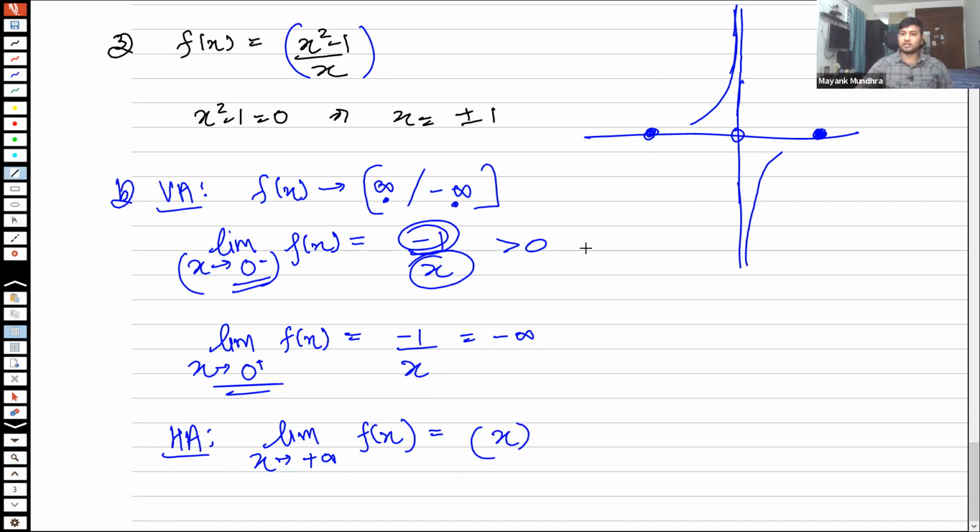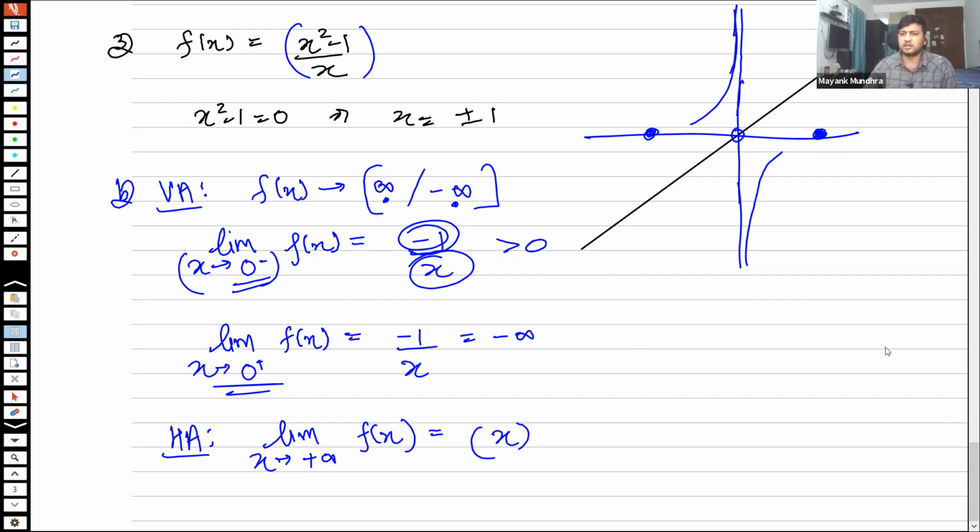If I just plot the line y equals x here, at infinity this is going to go along the line. I don't know right now if it's going to go above this line or below this line, but I know that it's going to go along this line. That will become clear in a bit. But I know that it's going to go to positive infinity. That is sufficient mostly.